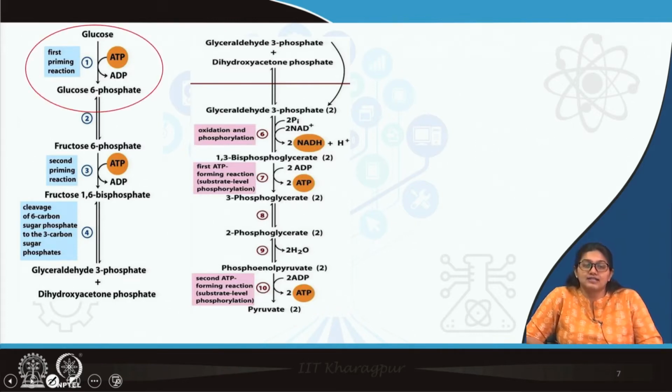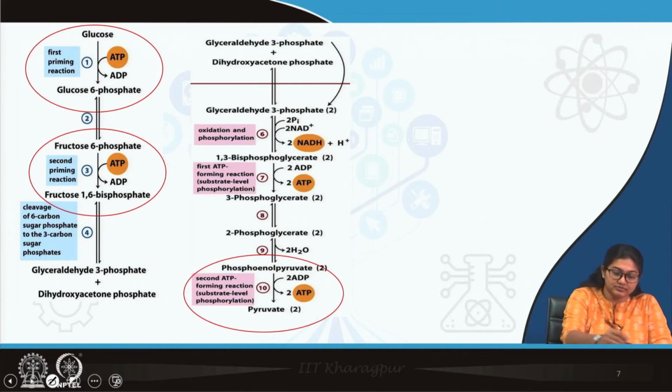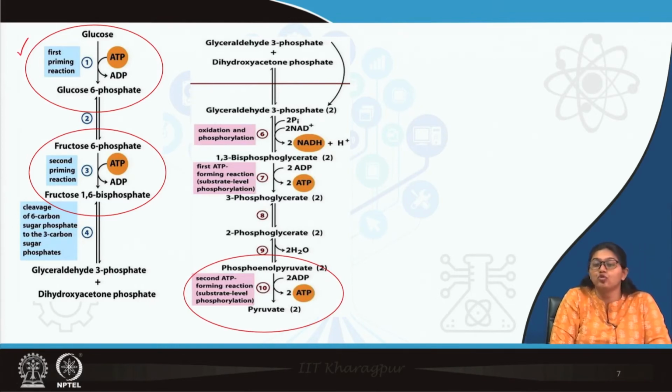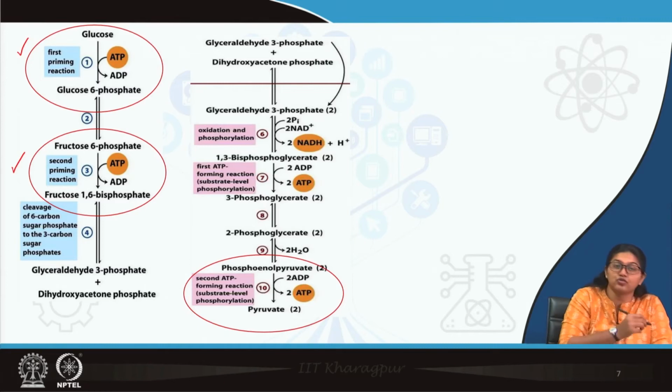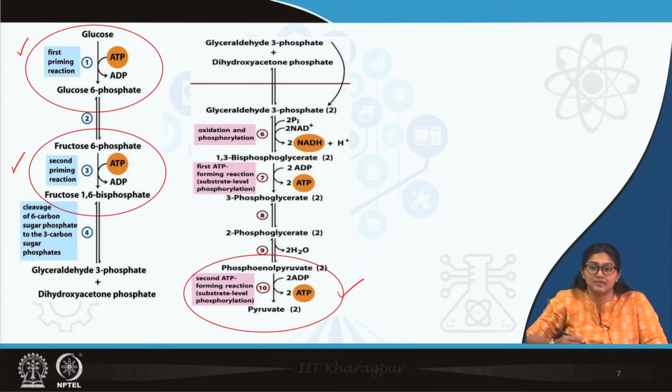So, in glycolysis, these are our 3 irreversible steps: formation of glucose 6-phosphate from glucose, then formation of fructose 1,6-bisphosphate from fructose 6-phosphate, and finally formation of pyruvate from phosphoenol pyruvate. Now, these 3 steps while forming glucose from pyruvate in neoglucogenesis should be bypassed with some other enzymes following the opposite reaction.